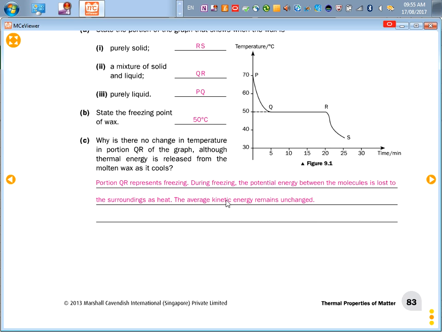Sydney, why do you think the average kinetic energy remains unchanged? Or how can we prove that? The graph is constant? What does that imply?